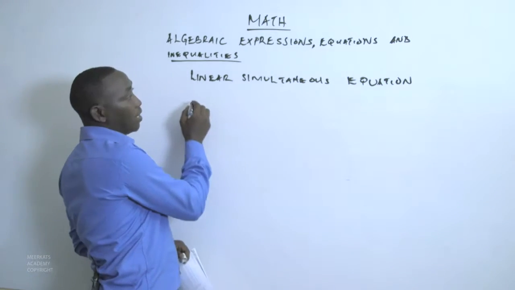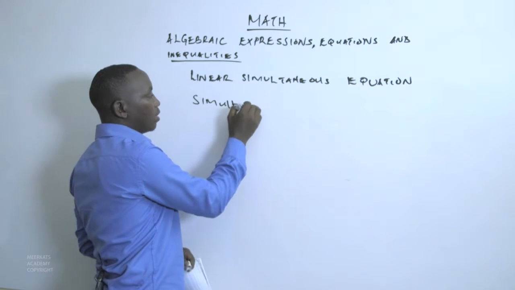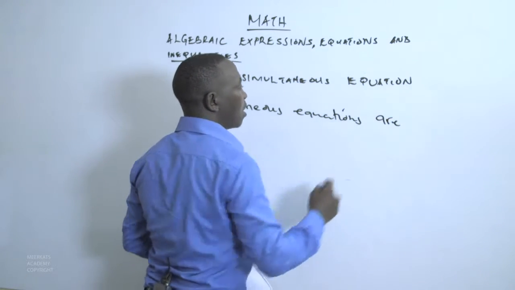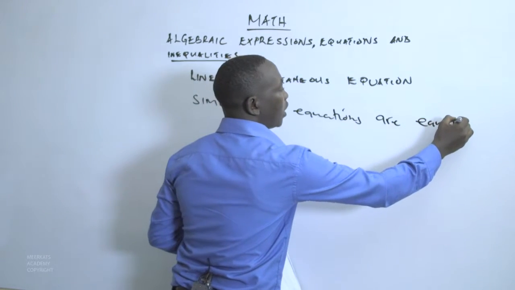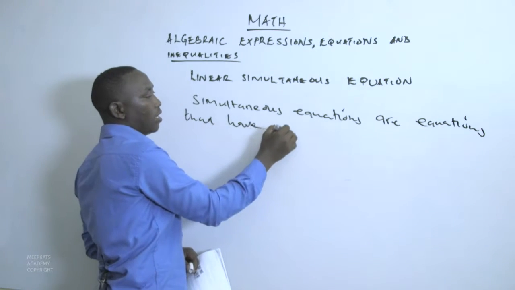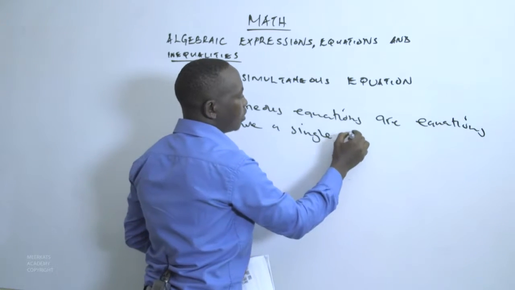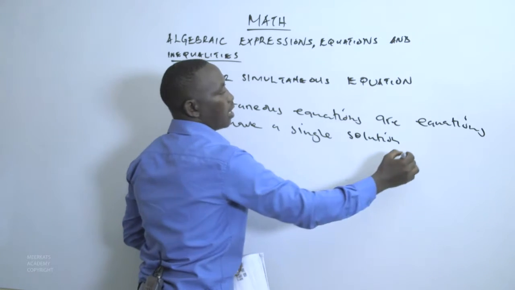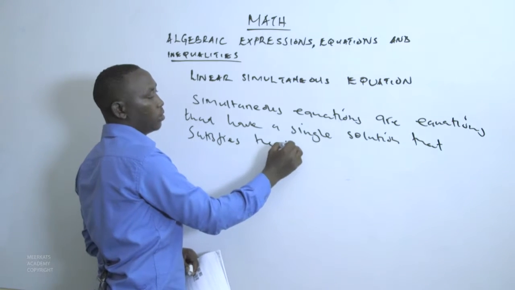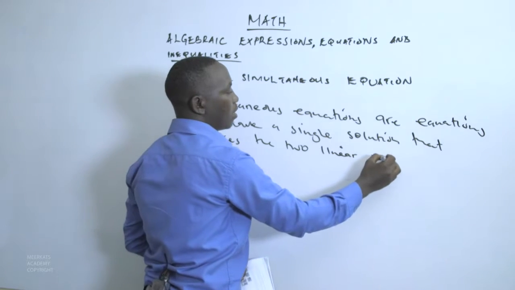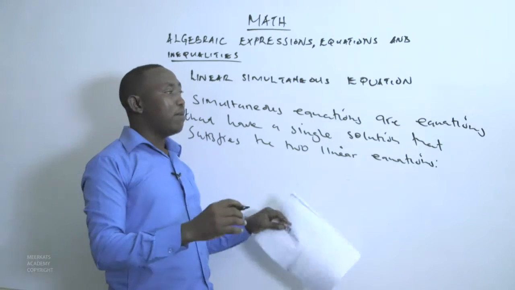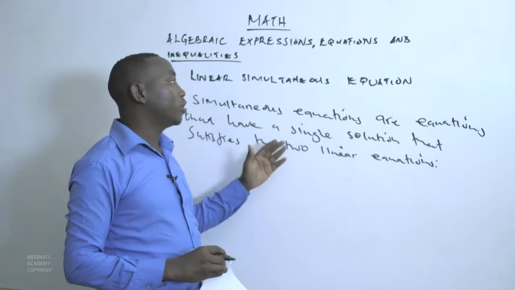So you can say that simultaneous equations are equations that have a single solution that satisfies the two linear equations.